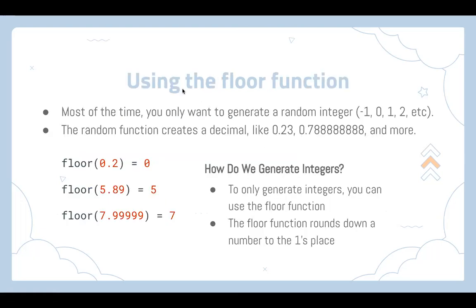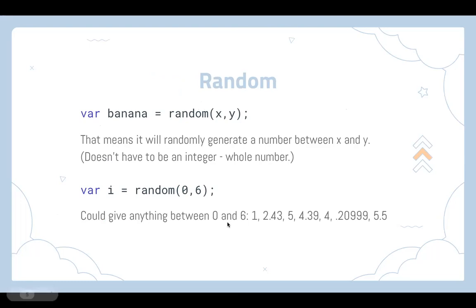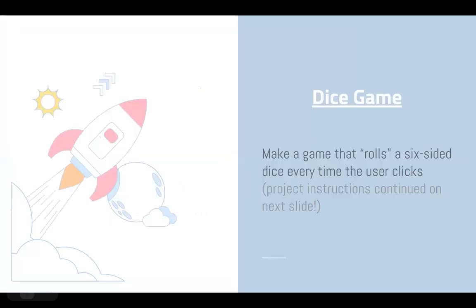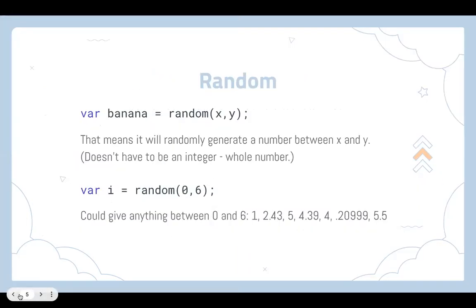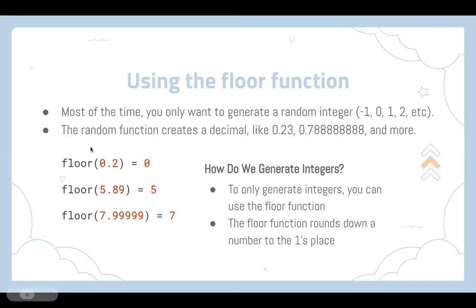All right, the floor function. So it seems kind of redundant to have the random function generate a super long decimal, because what are we seriously going to use that for? It just doesn't look nice. Okay, well, Google Slides. I don't know why it does this. Okay.